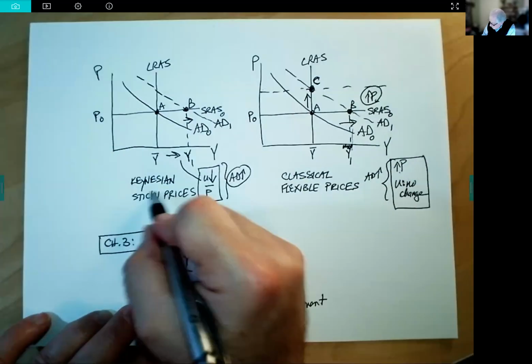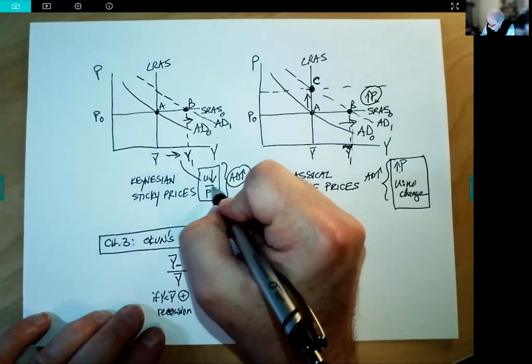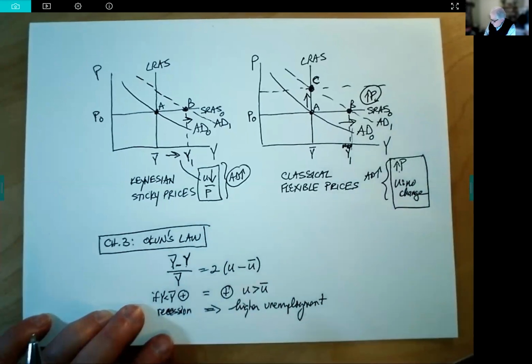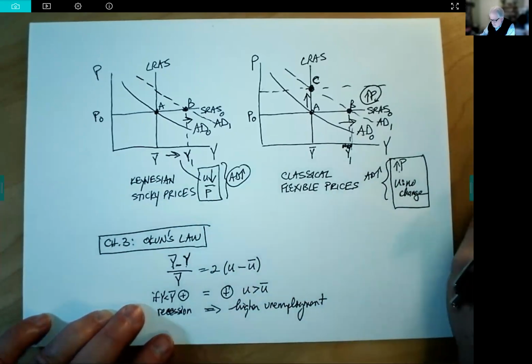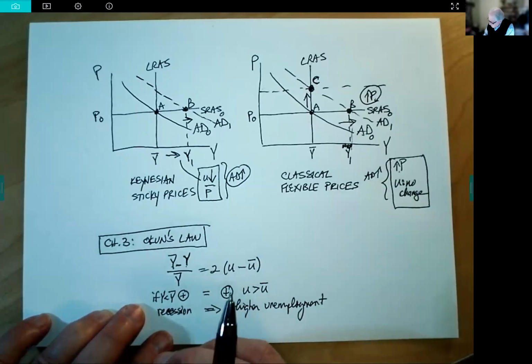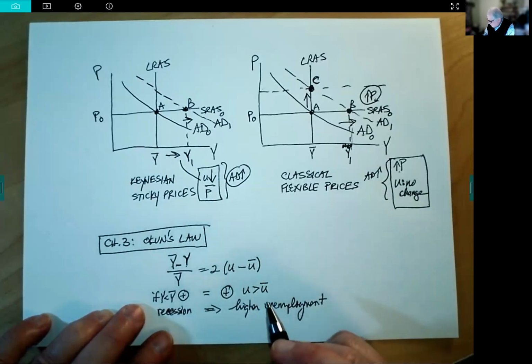In the Keynesian model, we don't get any change in the price level. In the classical model, we don't get any change in the unemployment rate when there's a change in aggregate demand. At the end of chapter 10, and there's a video with the chapter 12 material that derives this, we show that in the real world, the business cycle fact from chapter 8 is that when there's an increase in spending, we get some inflation and a reduction in unemployment.